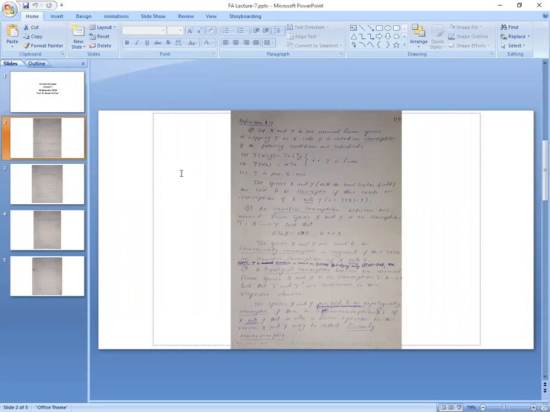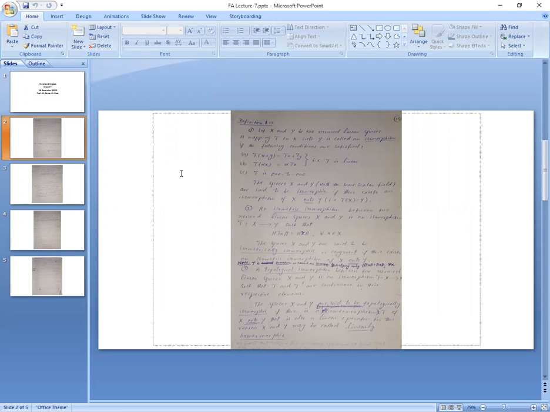Condition A says that the image of x plus y under this operator T is equal to the image of x under T plus the image of y under T. And condition B says that the image of alpha x, where alpha is a scalar, is equal to alpha times the image of x under this T.